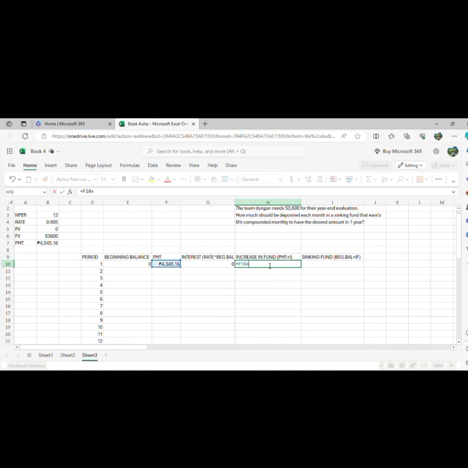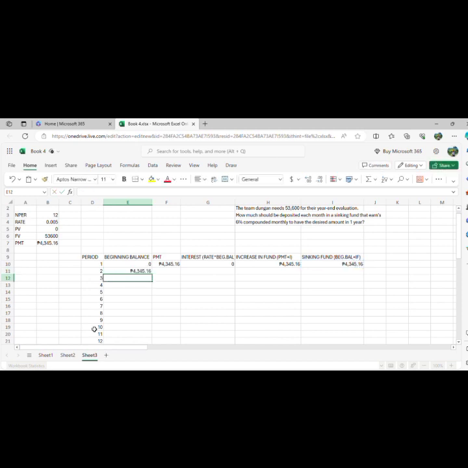So we click equals, then click the interest and the PMT. For our sinking fund, click the equal sign, then the beginning balance plus the increase in fund. Take note that the sinking fund of period 1 will be the beginning balance of period 2.